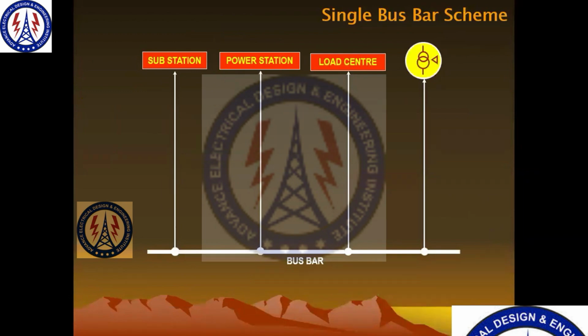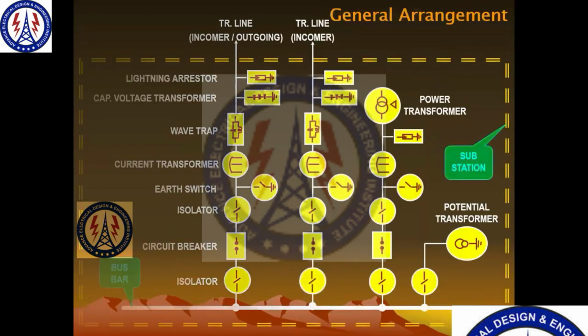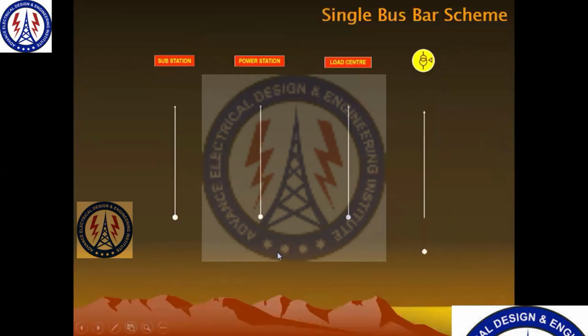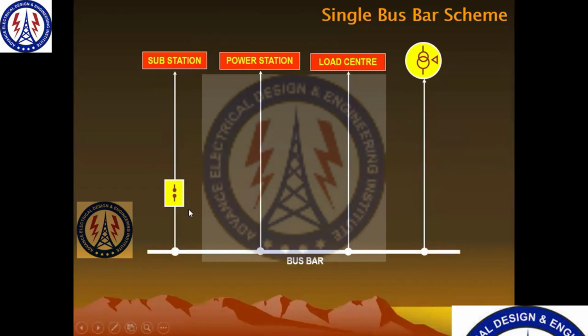Now here, we will focus further. In the further slides we haven't put in all the equipment, so only the circuit breaker and isolator are present, to understand how the power flow takes place, and what happens in the system when a fault occurs on any line or any bus.